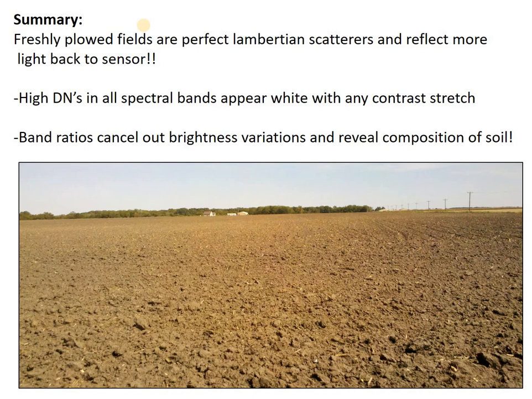These freshly plowed farm fields are perfect Lambertian scatterers, and they reflect more light back to the sensor. Some of the fields that had probably been plowed within the last few days were overwhelming the sensor with a lot of light in all wavelengths.